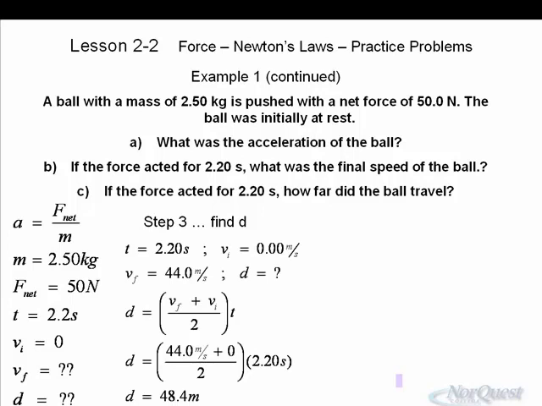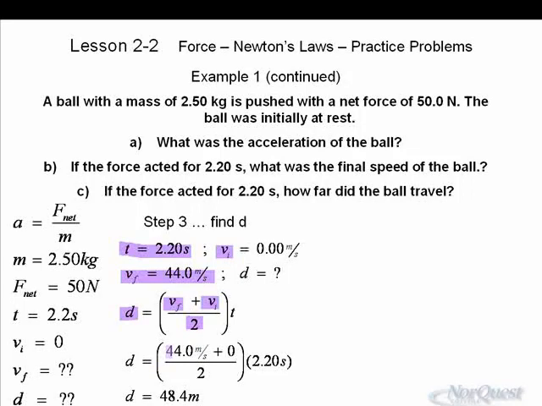And here's our solution. What we did was we took the time, 2.2, the initial velocity of 0, and we used the final velocity in this particular example. Now, we could have used A, but I chose in this particular example to use Vf. I didn't have to, but I chose to because displacement in the second formula that we derived is just equal to the final velocity plus the initial, divided by 2, or in other words, the average velocity times the time.